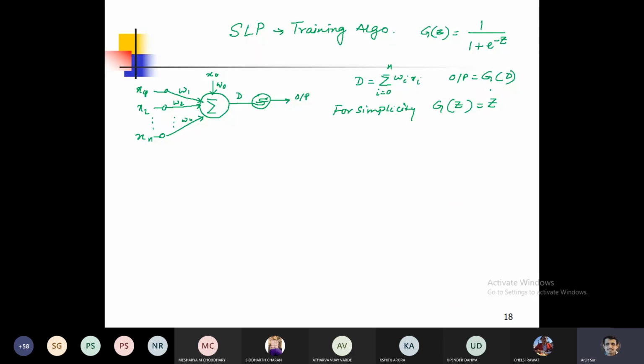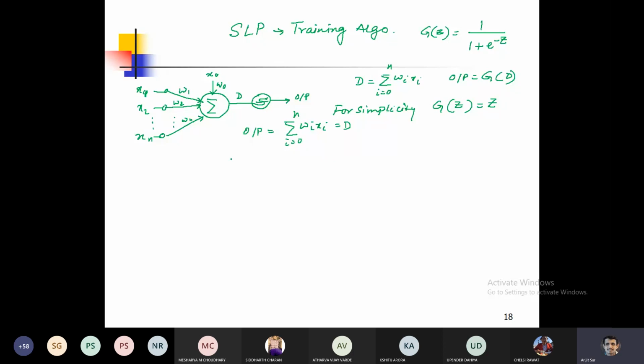So there is no nonlinearity over that. Then what is the output? The output is basically the summation, i equal to 0 to n, of wi xi. That means D is the output.